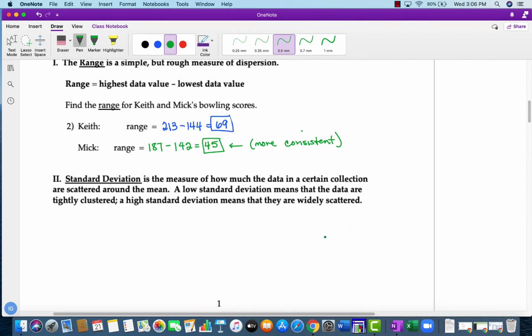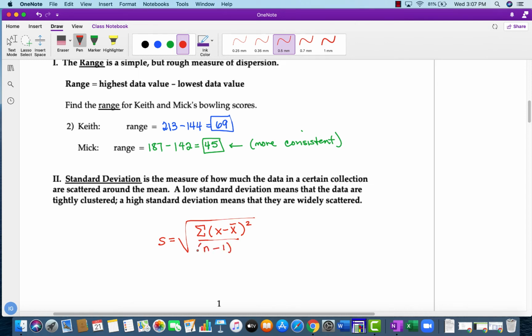There is a formula for the standard deviation, so let me write that in. S is equal to the square root of the summation, and you've seen this one before, of (x minus x bar, which is the mean) squared, all over n minus 1.